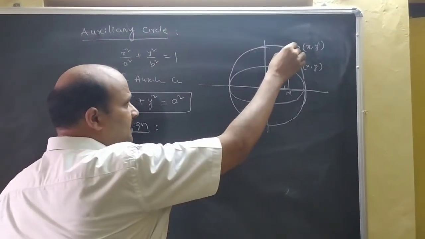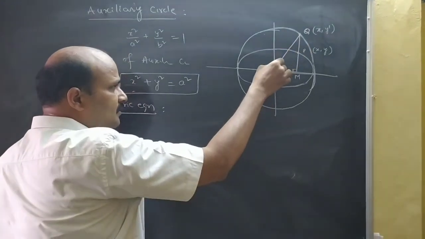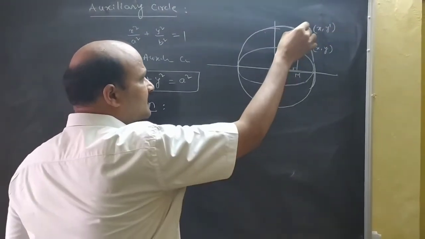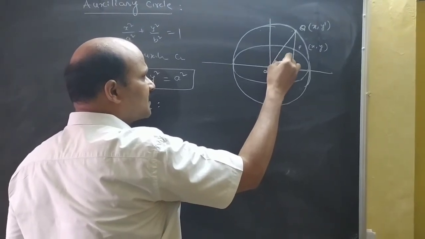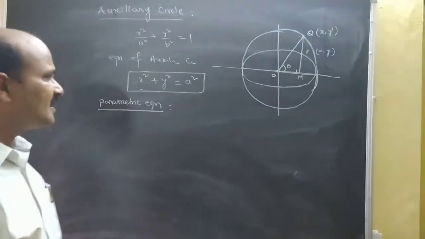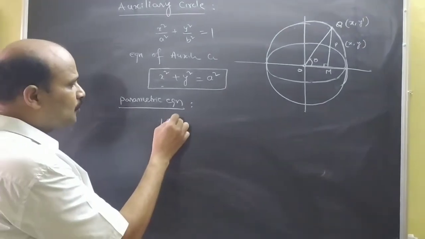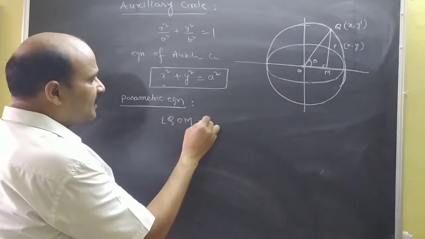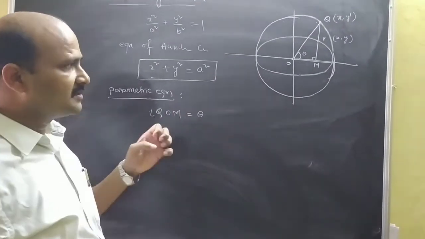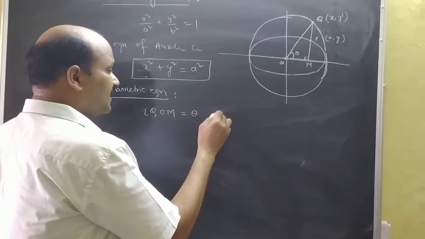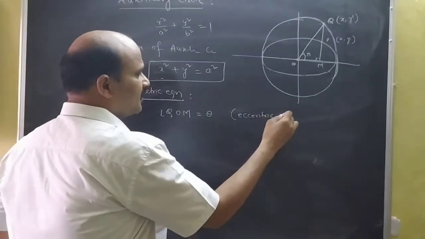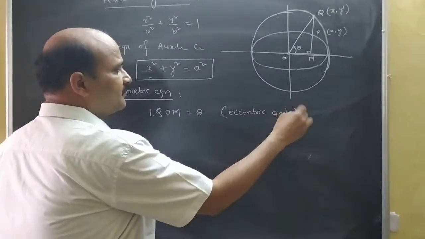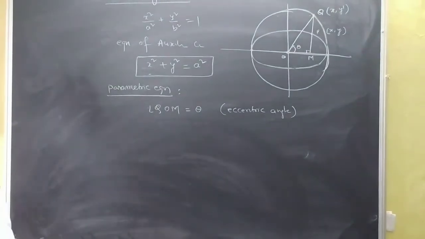If you join like this, now this line makes an angle with x-axis in anti-clockwise direction, theta. This theta, angle QOM, is theta. This is the parametric angle, what we call the eccentric angle.